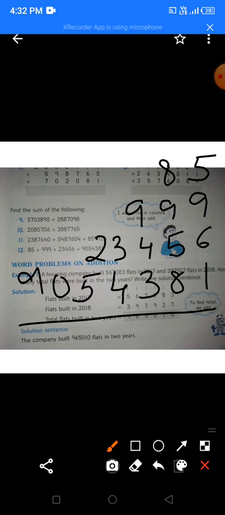Okay. Then you have 1, 8, 3, 4, 5, 0 and 9. This is how you will write.